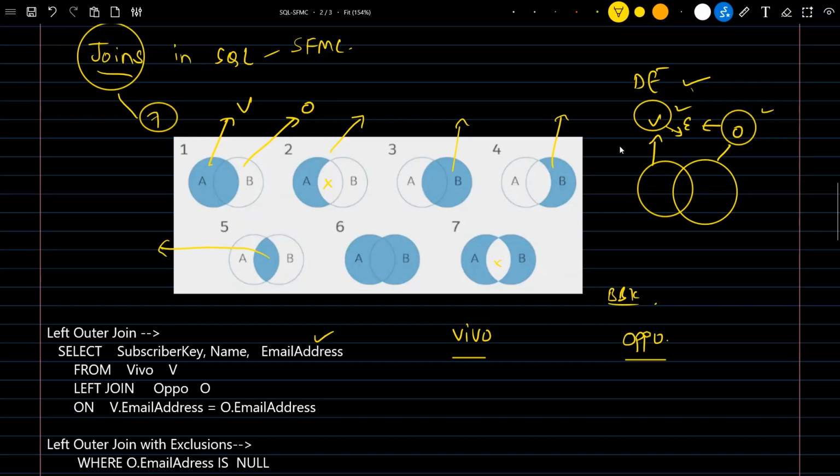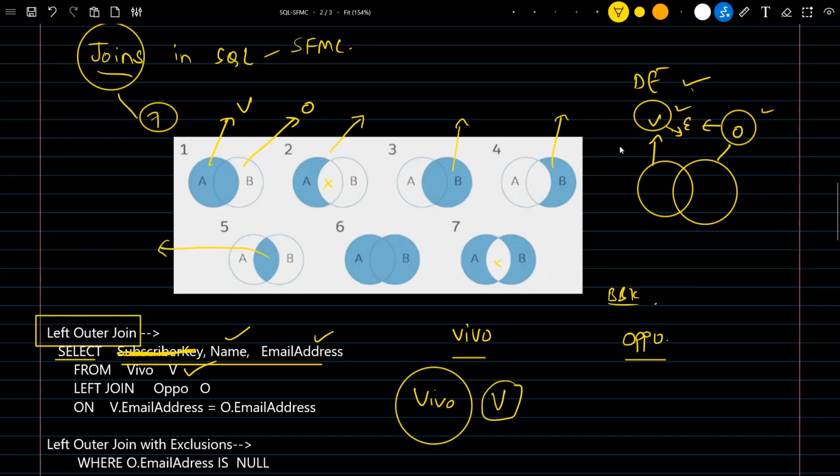So we're talking about the left outer join. We'll be writing the statement: select subscriber key, name. Even if there is no subscriber key, it's not an issue. So select name and email address from Vivo. Observe here, I wrote Vivo V. Instead of using Vivo every time, I can just use V. It is called aliasing, like I told earlier.